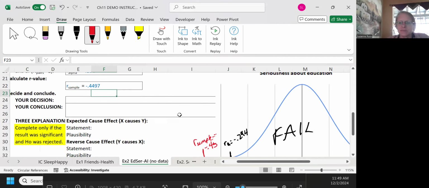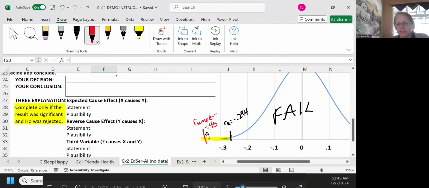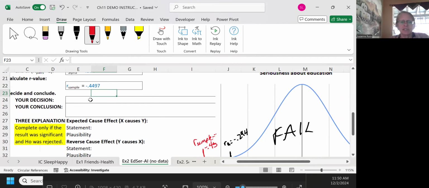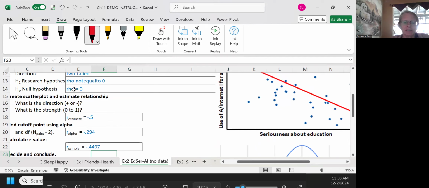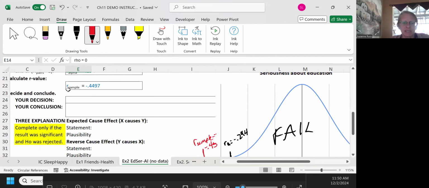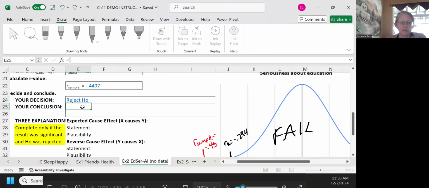So in this case, we see that the sample score in red is in the shaded region. That's always what we're looking for. That allows us to reject the null hypothesis. So this gets crossed off, and we'll decide to reject H0. And the concluding statement is simple. There is a significant, now we only tested it at two tails, but we do find that it is a negative relationship.